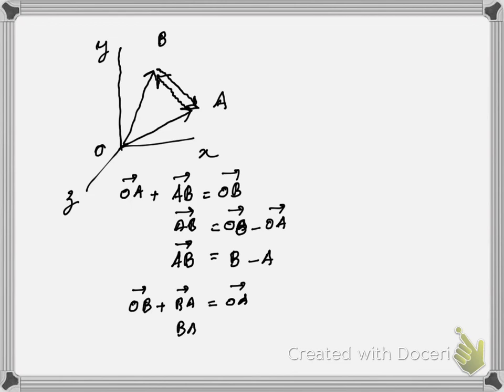BA vector is equal to OA vector minus OB vector. So BA is equal to A minus B. So simply, if we have to find vector from A to B, it is B minus A, and if we have to find vector from B to A, it is A minus B.